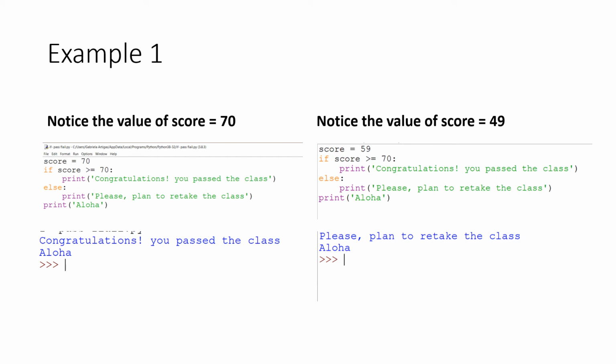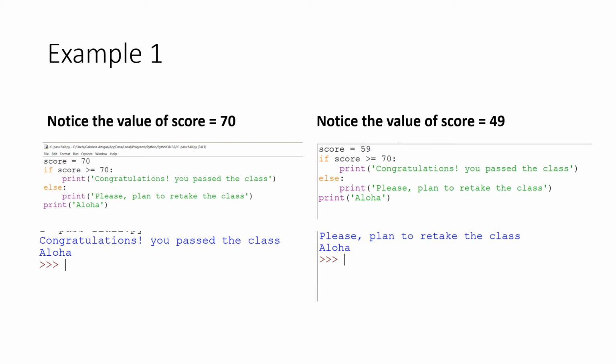So in the first program, you see score equals 70, and it reads, if score is greater than or equal to 70, colon, that's a colon, don't forget the colon, otherwise it's not going to work. If that is true, print, and the output statement is the same as always. So single quote, congratulations, you passed the class.